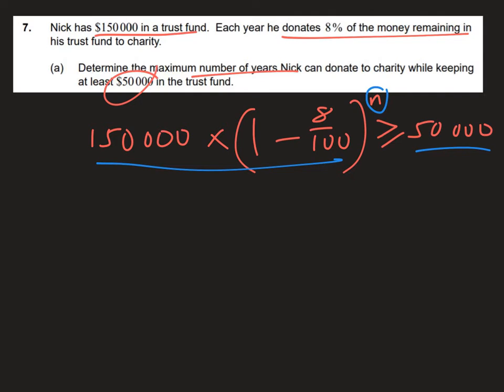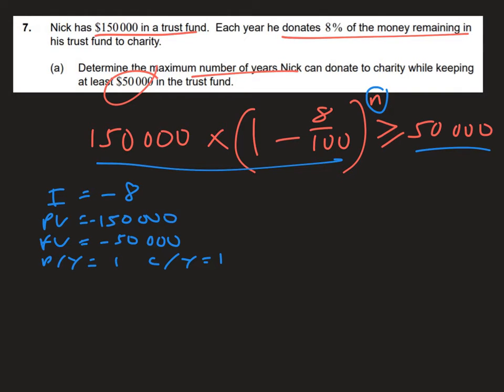Or you could, as a completely separate method, use the finance app. If you're going to use the finance app, it's not an interest rate, it's depreciating by 8%, so I equals -8. The present value, this is an investment, so we're at -150,000, and it ends up at 50,000, so we put that in for -50,000.